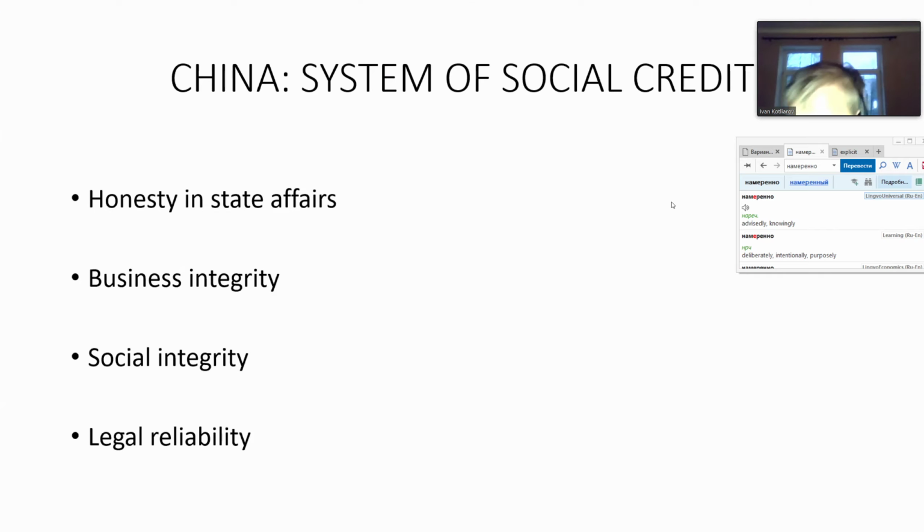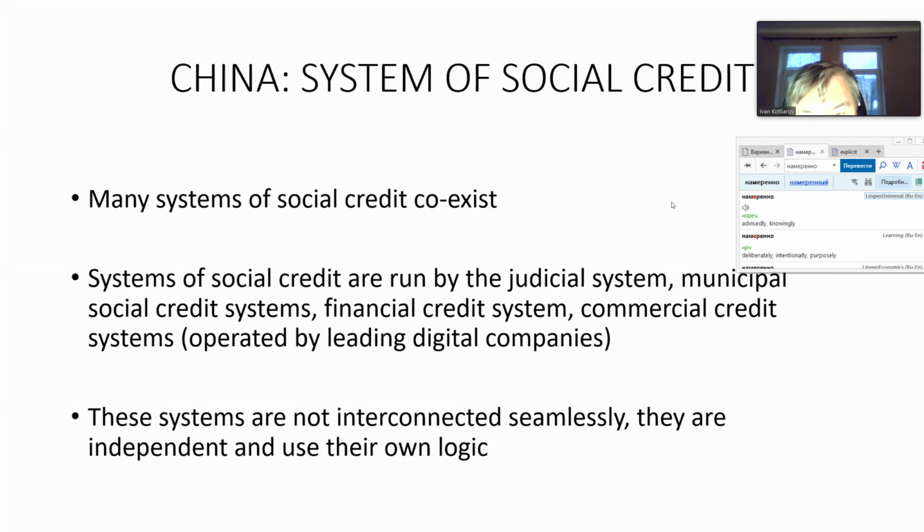Now, let's go further. Ladies and gentlemen, while we say that there is a system of social credit in China, actually there are many systems of social credit. I would say that there is a system of systems of social credit. There are independent systems of social credit, which are run by the judicial system.